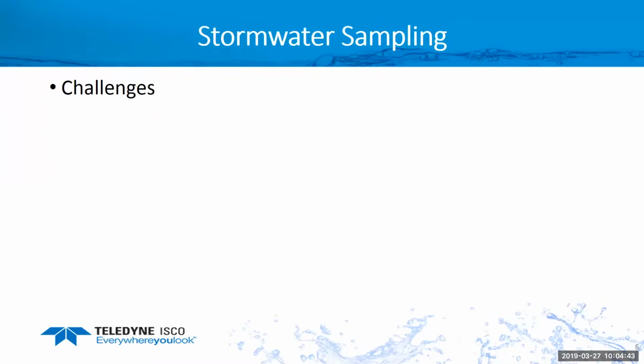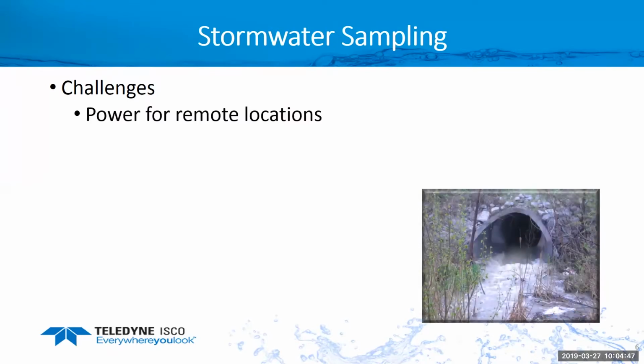Some challenges to expect at your stormwater applications. First off, power for these remote locations. How are we going to power those? Whether it's going to be a small battery, depending on its longevity, or if we're going to need solar panels with larger battery capacities. Sample preservation: how are we going to hold those samples at 4 degrees C so the biologicals do not die on us?